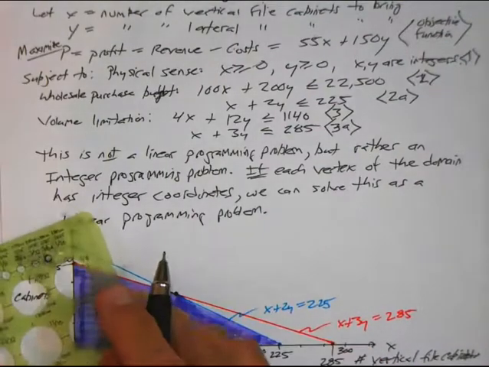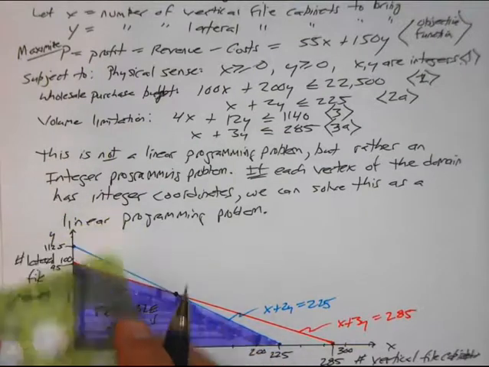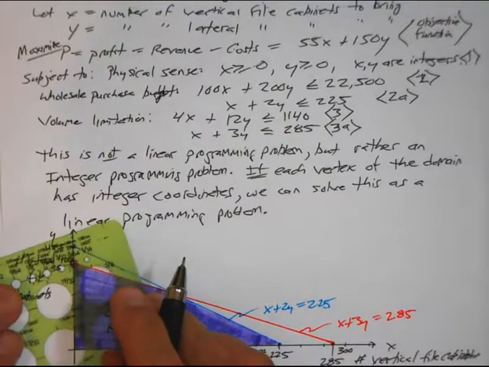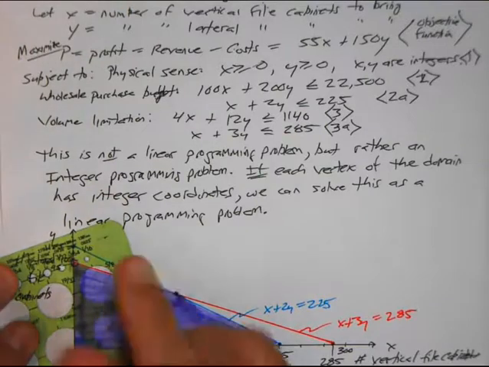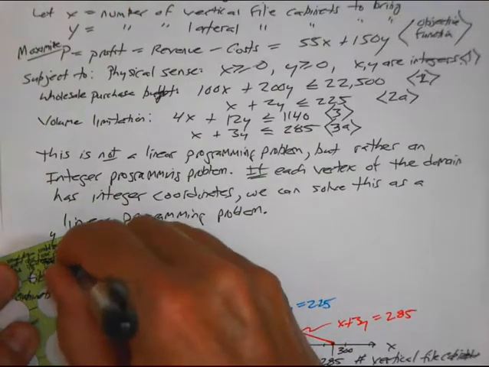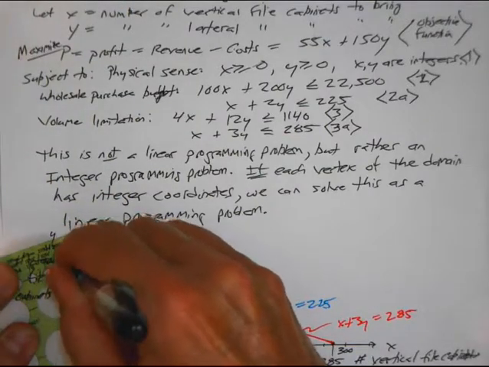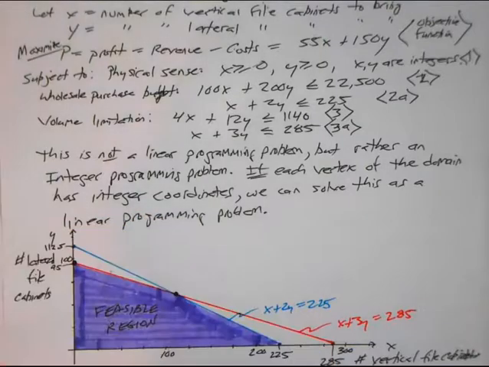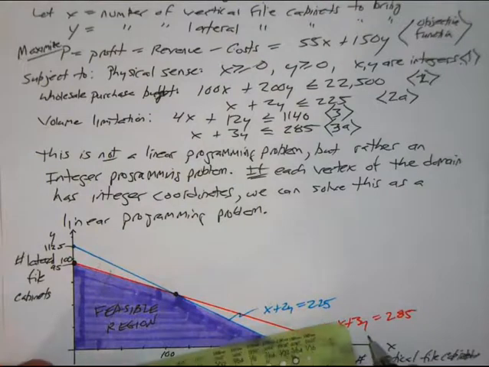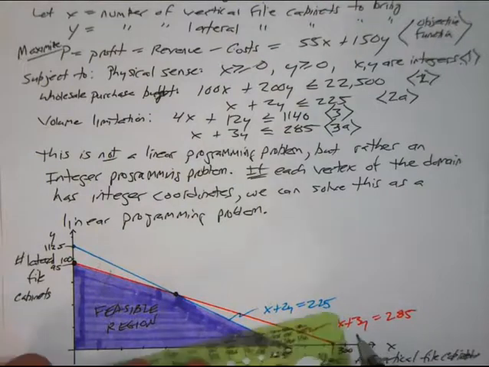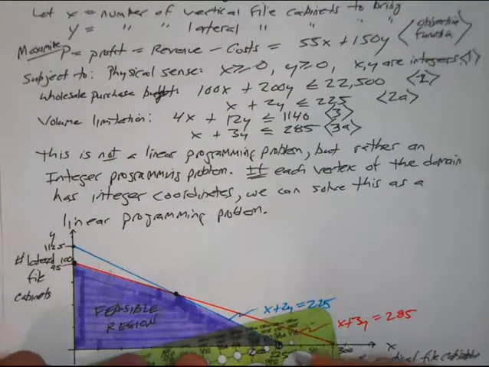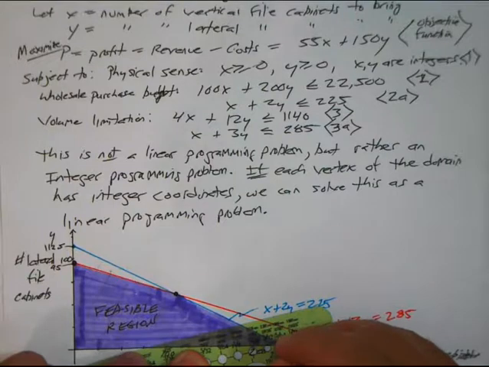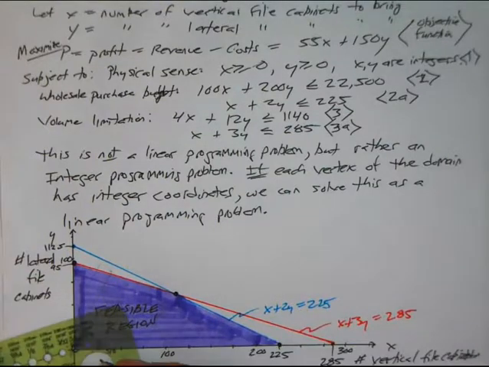And we have here, that's the 95 for the y-coordinate. Great, it's an integer. It looks like we're on our way to succeeding with a linear programming type solution, despite this being an integer programming problem. And here's 225. Okay. And of course, 0, 0.